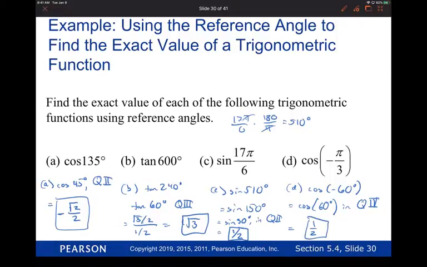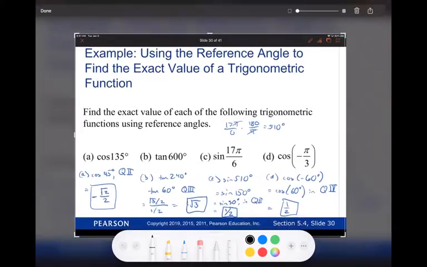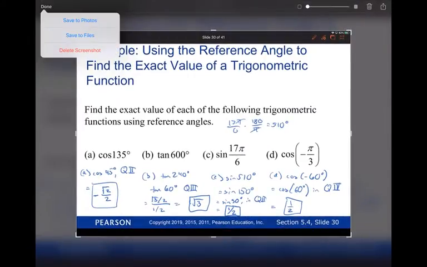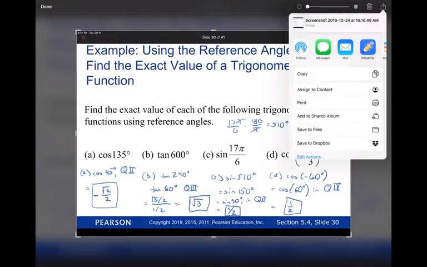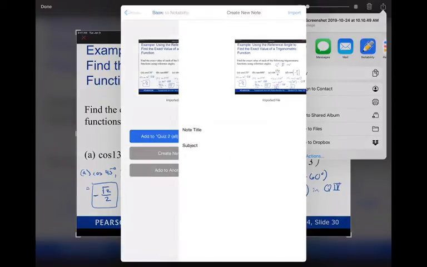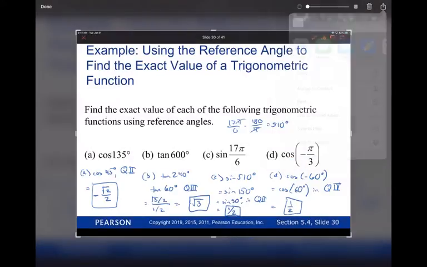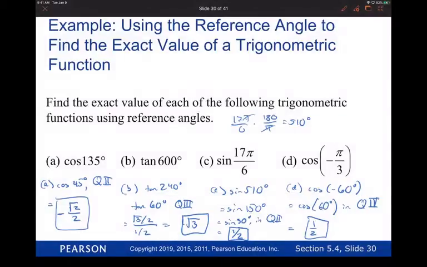We should be able to check these in a calculator, right? So I'm going to do the following. I'm just going to take a screenshot of this for my own personal thing. Let me see if I can just do the following. Let me hit done. Share. Don't want that. I just want to do a new note. I want to import. Done. Give me just a moment. Let's go here.